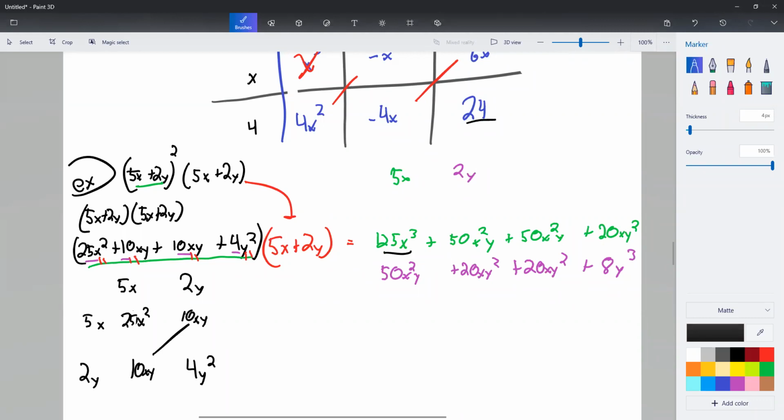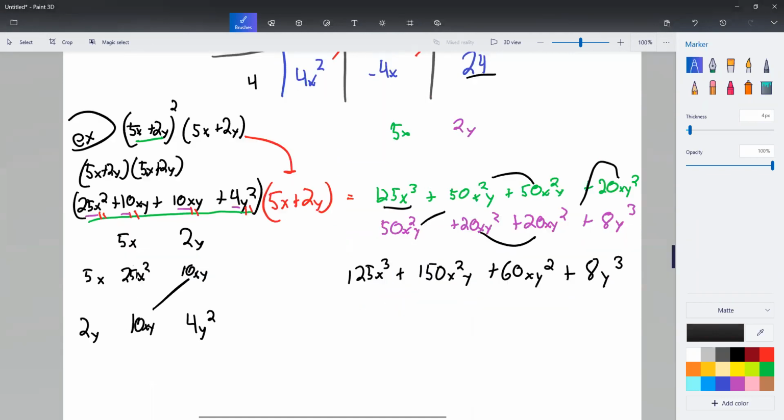X squared y, I'm noticing these three terms are all going to be that. So we're going to get 125x cubed plus 150x squared y. This is an xy squared. This is an xy squared. This is an xy squared. So we're going to end up with plus 60xy squared and then plus 8y cubed.